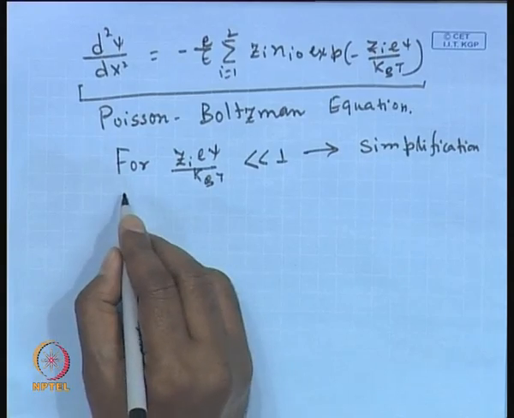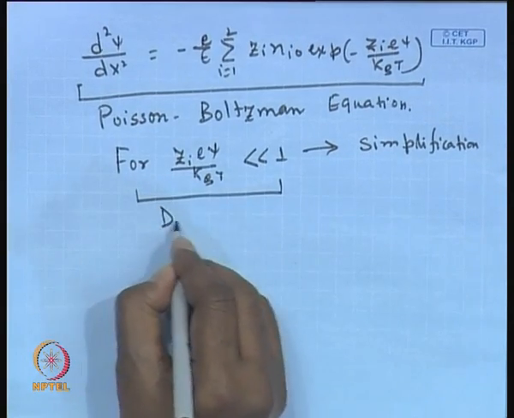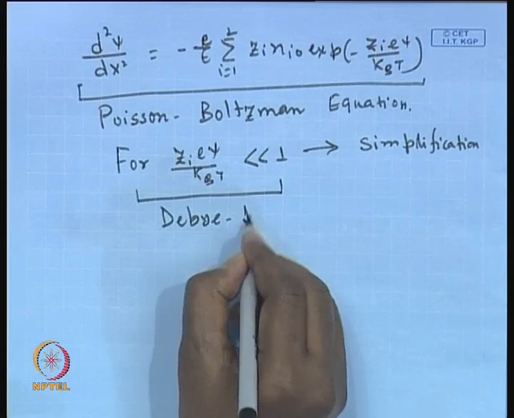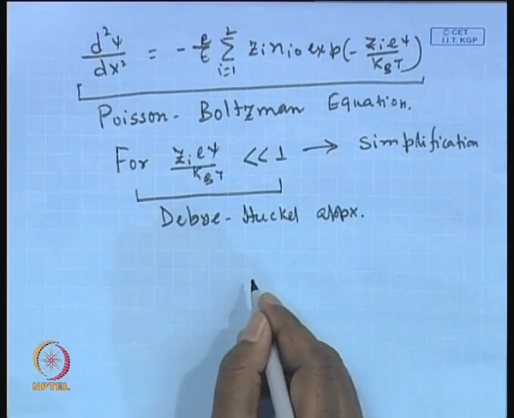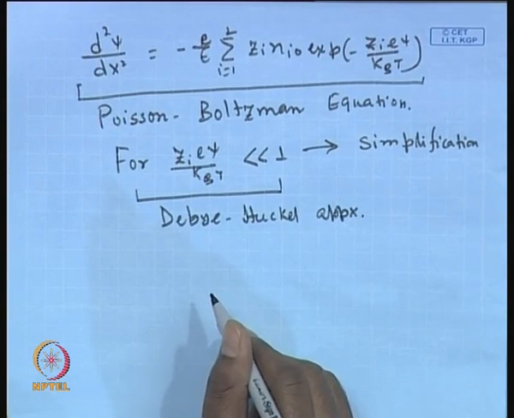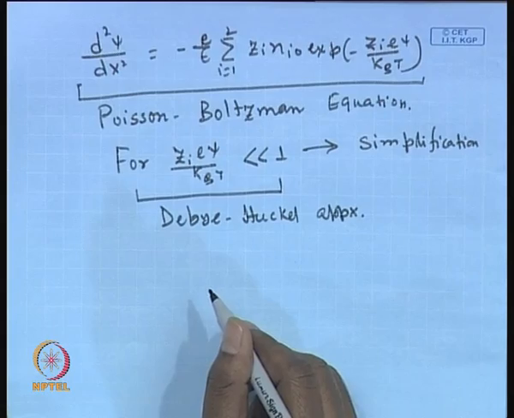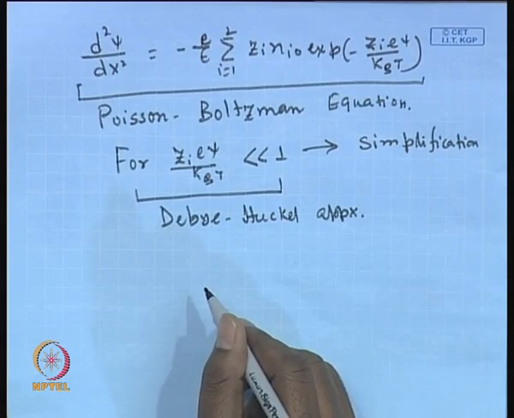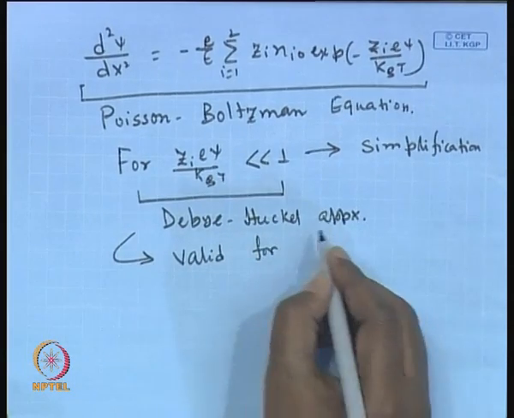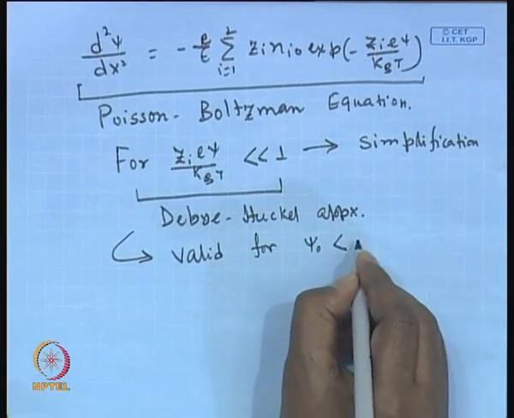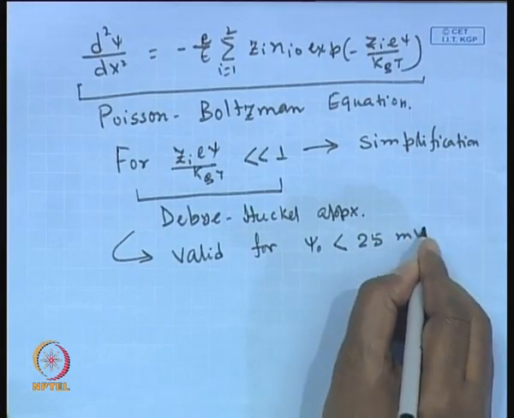Okay. And typically this approximation is valid if you have a surface potential around 25 millivolts or less. That means, it has a fairly good applicability even if you have a surface potential around 40 millivolts, still you can use the Debye-Hückel approximation.